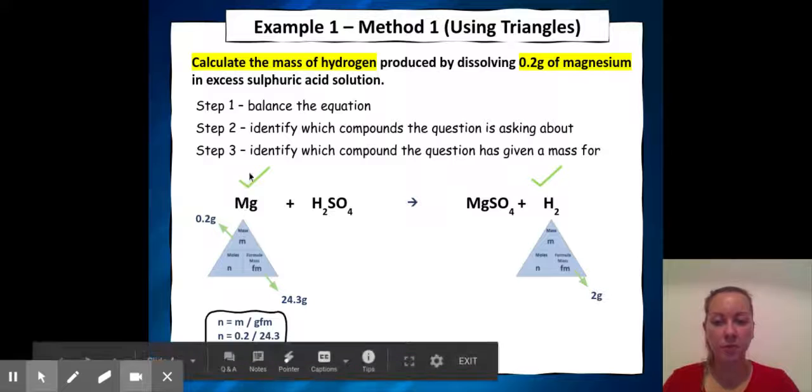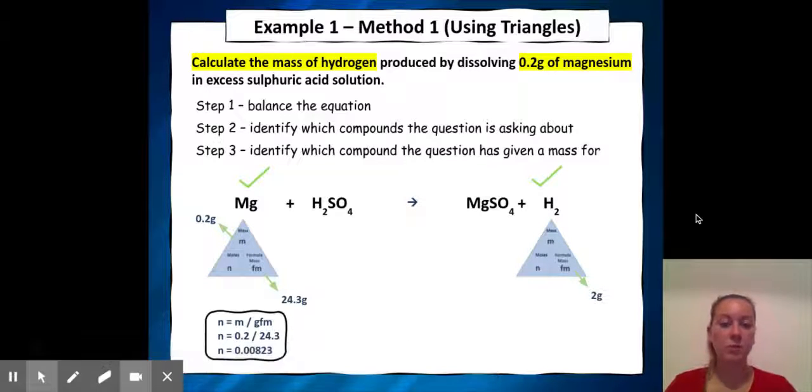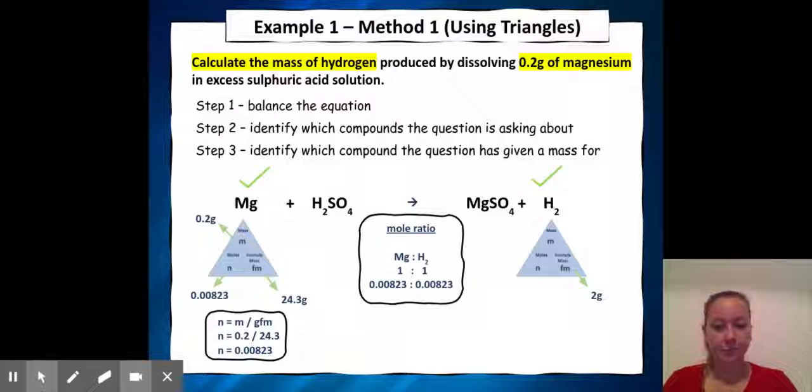Because we have 1 mole of magnesium and 1 mole of hydrogen. So if we have 0.00823 moles of magnesium, it is going to produce 0.00823 moles of hydrogen. Okay, the mole ratio is a 1-to-1, which means we can copy it over directly.